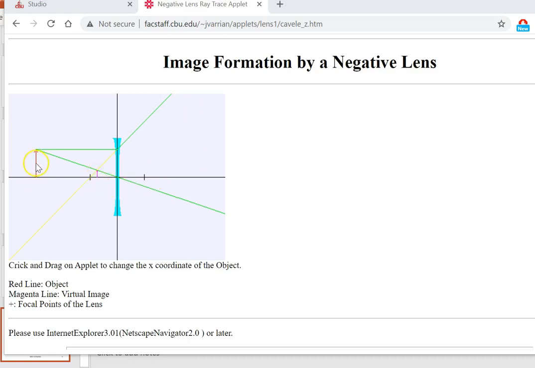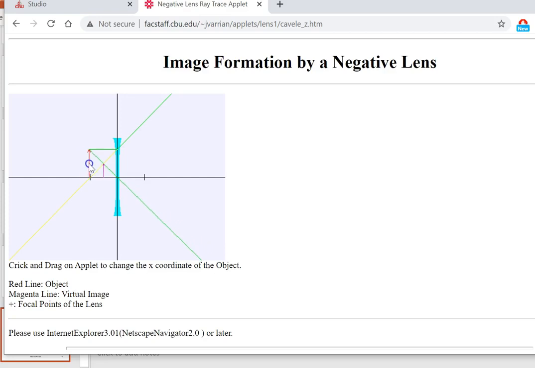Now, watch this. If I change the object distance, I'm going to start bringing the object closer to the lens. You can see that I'm still getting a virtual image. It is getting bigger in height and formed closer to the lens.